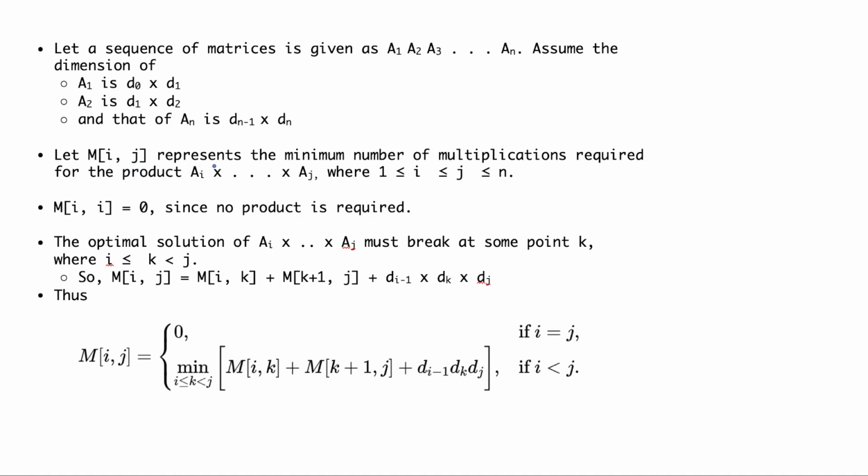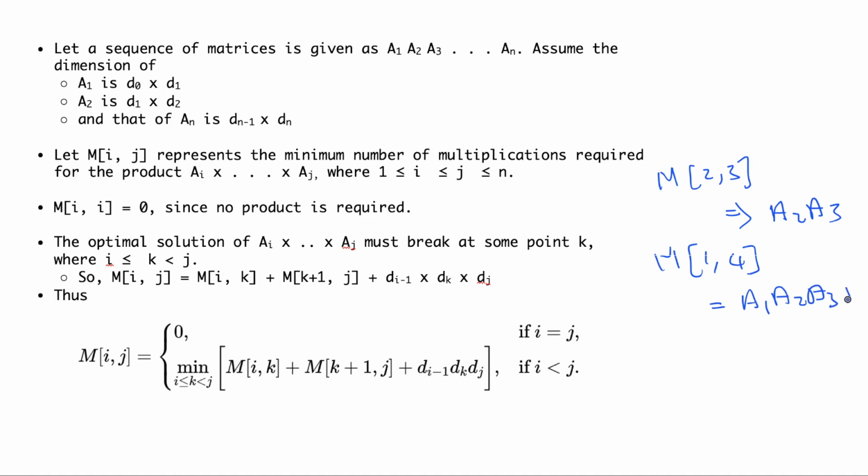M of i,j represents the minimum number of multiplications required to calculate the product Ai through Aj, which means that m of 2,3 will be the minimum number of computations required to calculate A2 into A3. Similarly, m of 1,4 will be the minimum number of computations required to calculate A1, A2, A3 and A4.